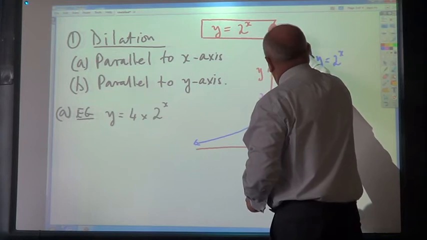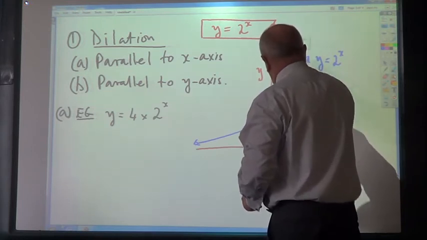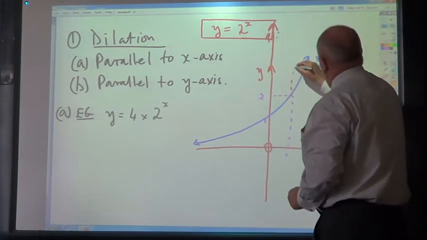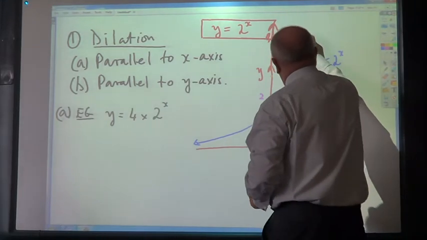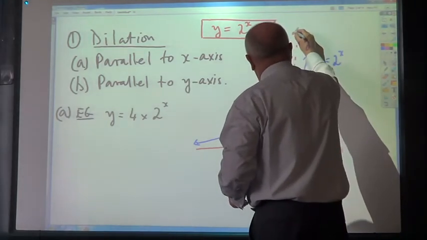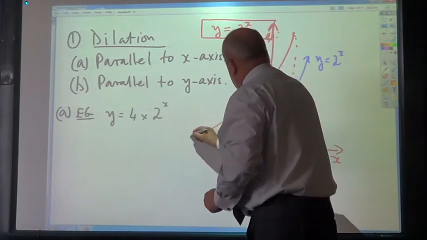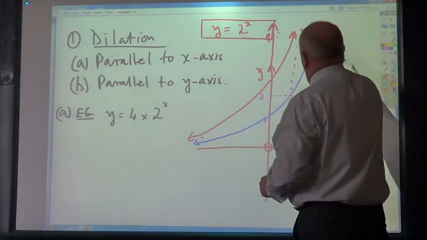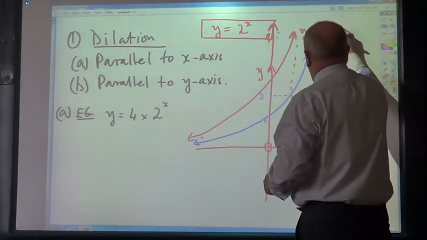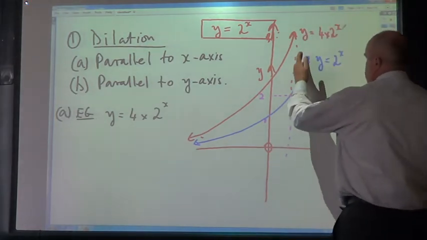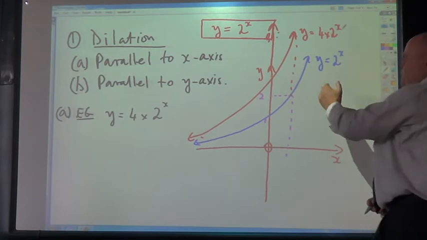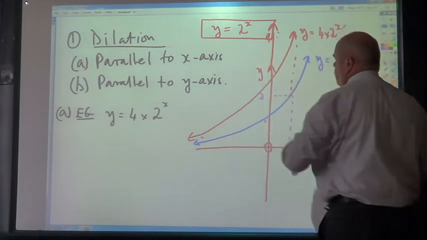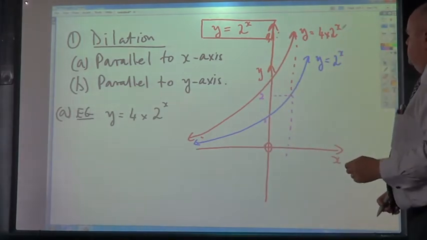Let's put 8 up there. So we're going to have an exponential graph like so, not very well done, I apologise for that. 4 times 2 to the power of x. What it's supposed to illustrate is that by multiplying your exponential function by a number greater than 1, it is dragged, as it were, towards the x-axis. Okay?